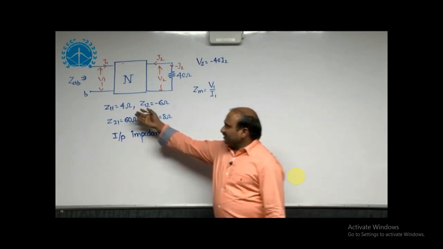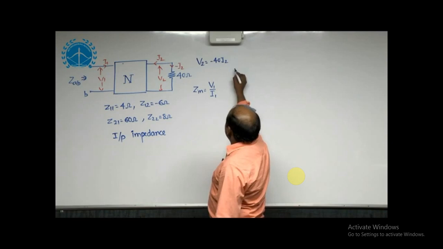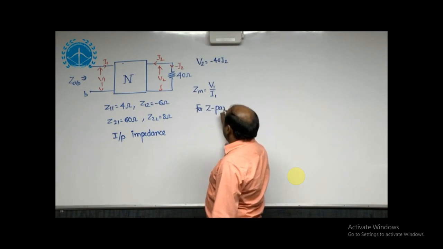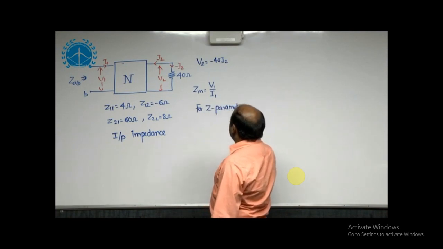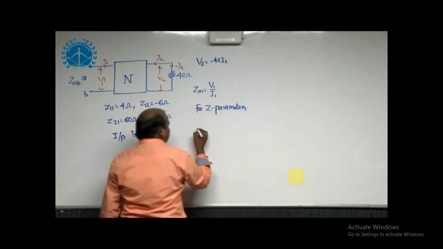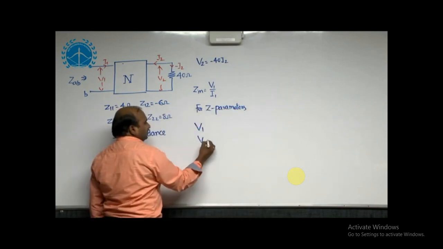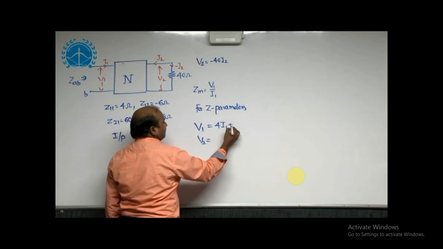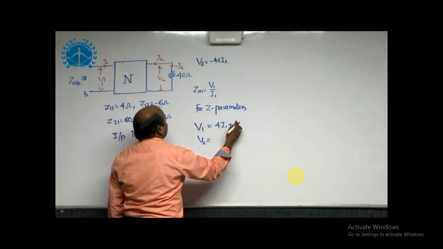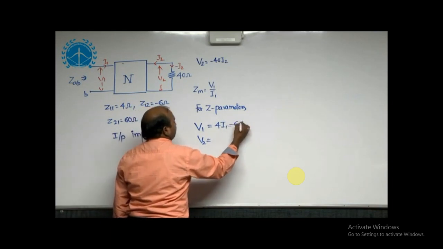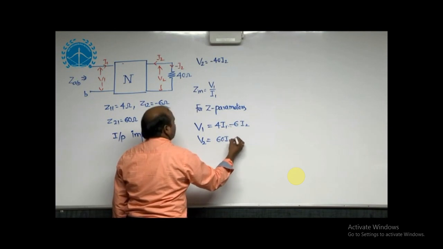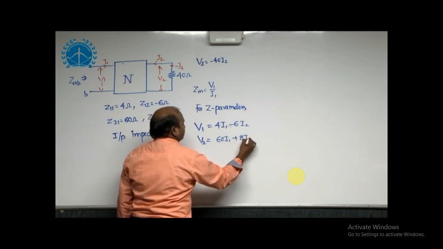Now according to the given Z parameters, I need to define the equations for Z parameters. For Z parameters, V1 and V2 depend upon I1 and I2. According to the given values, I can take these equations: V1 is equal to 4I1 minus 6I2, and V2 is equal to 60I1 plus 8I2.